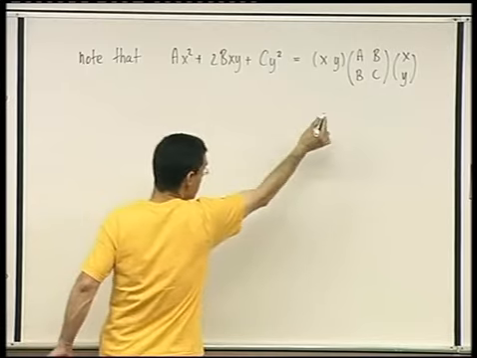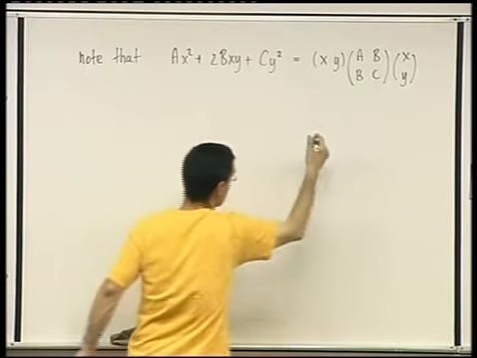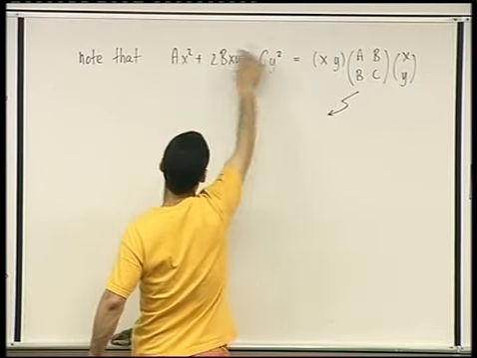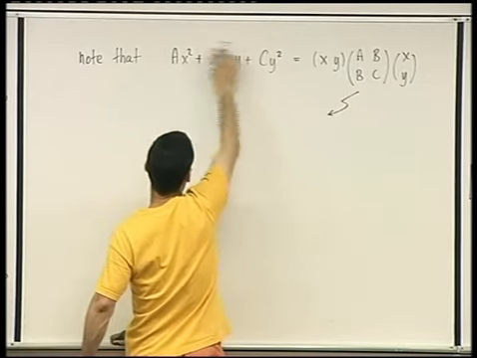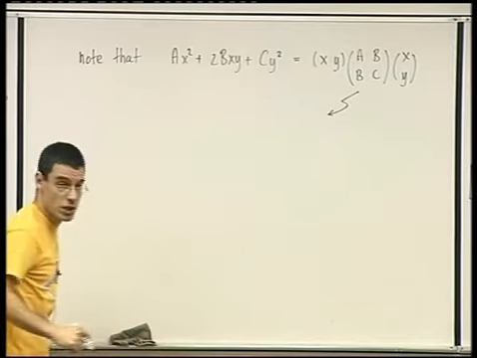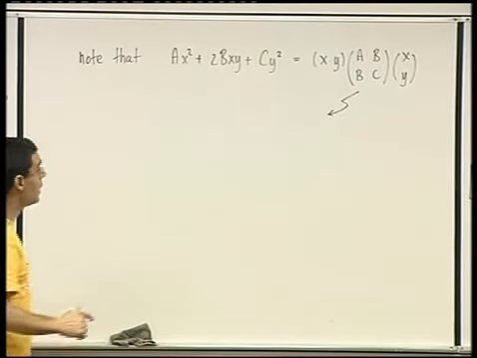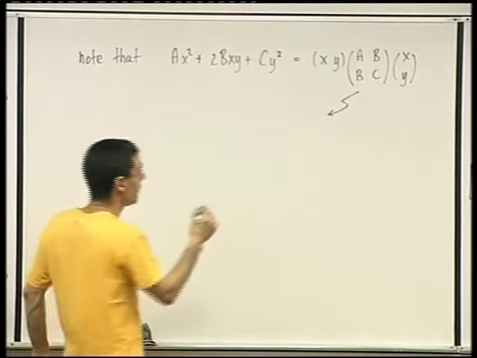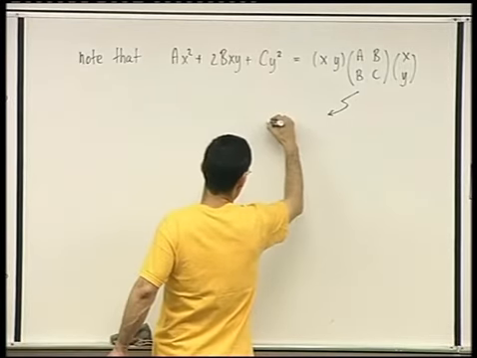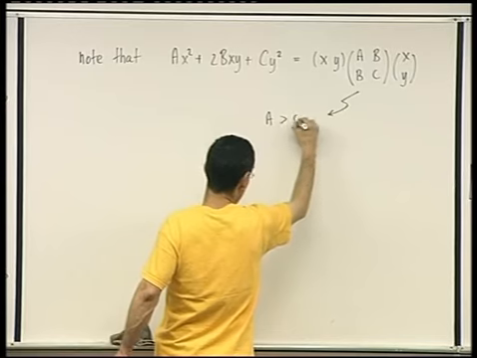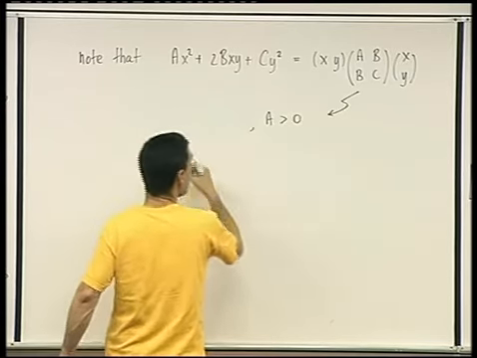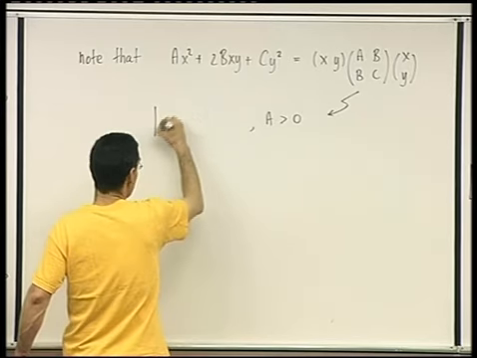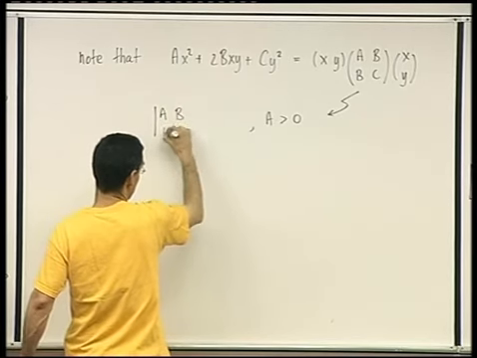And this matrix, what determined the positivity of this expression, which is called the quadratic form, that's what it's called, was two things. Was whether A was positive and whether the determinant of this matrix was positive.